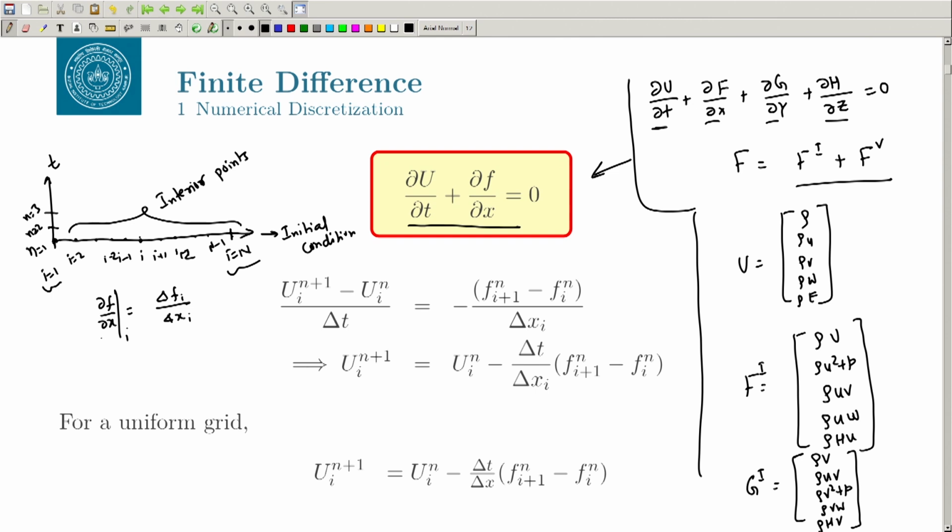And delta f I could be written as f I plus 1 minus f I by delta x I. So, this is how you can approximate del f by del x at I.